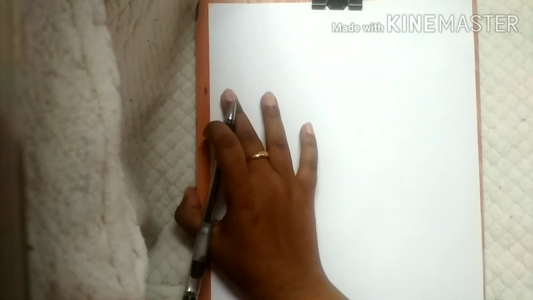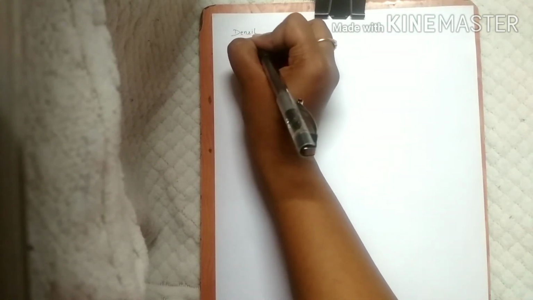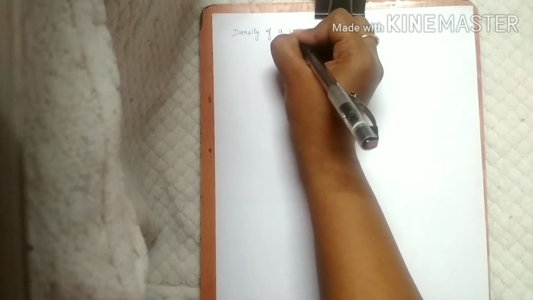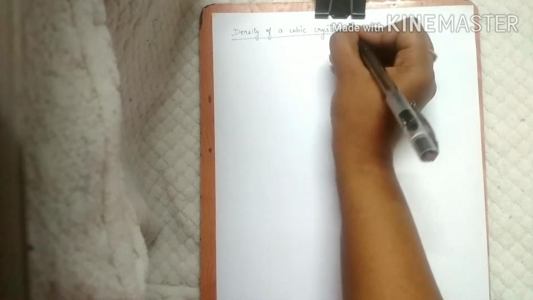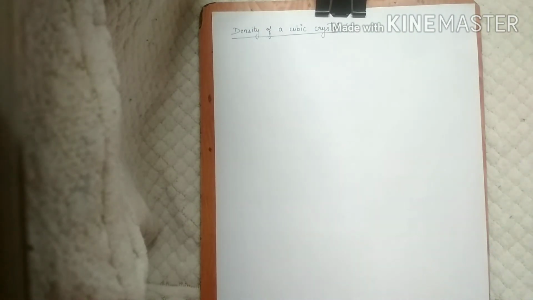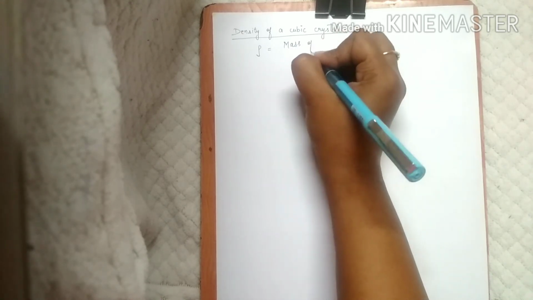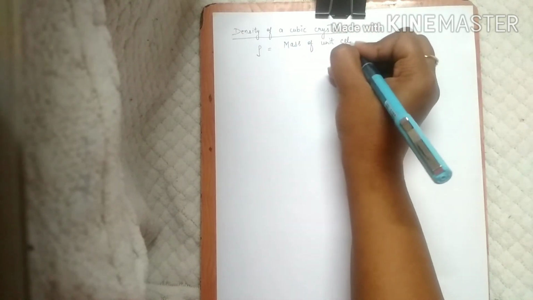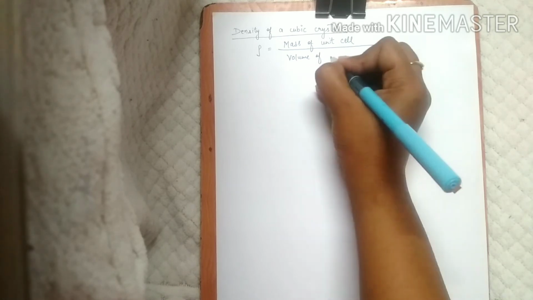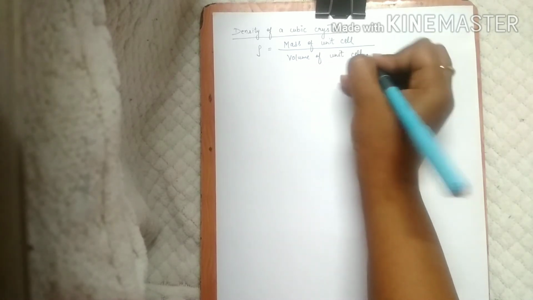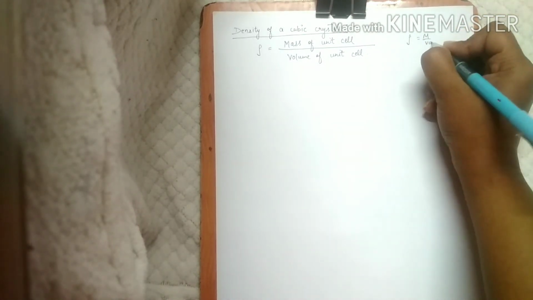So the next topic is how to find the density of a cubic crystal. For that we have a formula, that is density is equals to mass of unit cell divided by the volume of unit cell, because we know the formula, density is equals to mass upon volume.